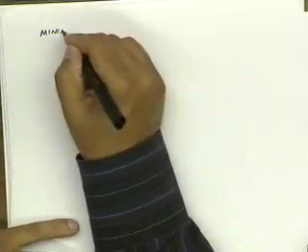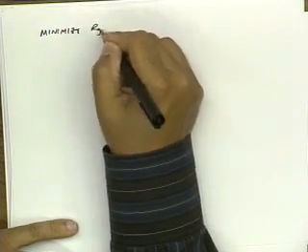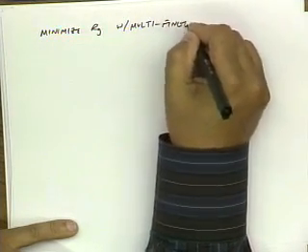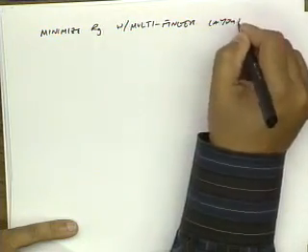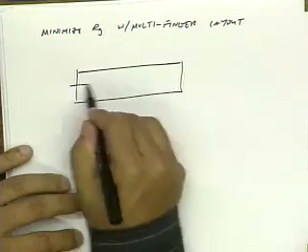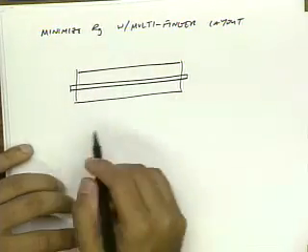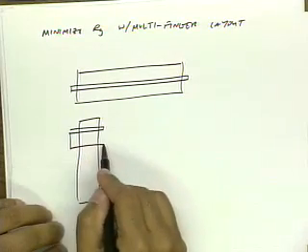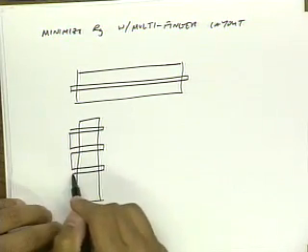So one way to minimize our gate resistance is to use a multi-finger layout. In other words, instead of doing a device like this, I can lay out my device like this.